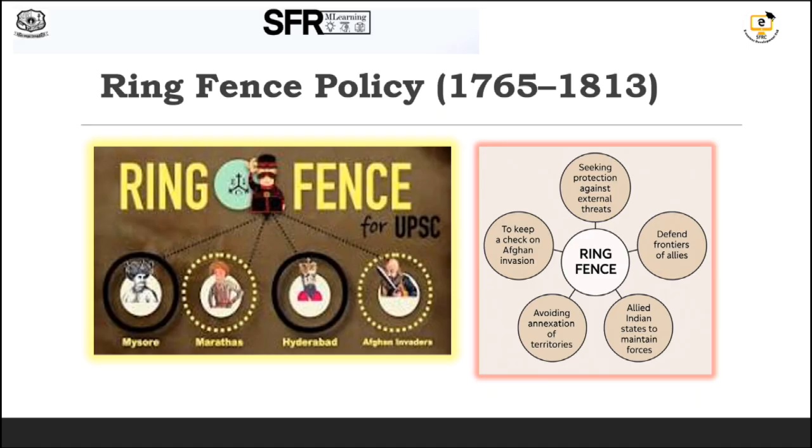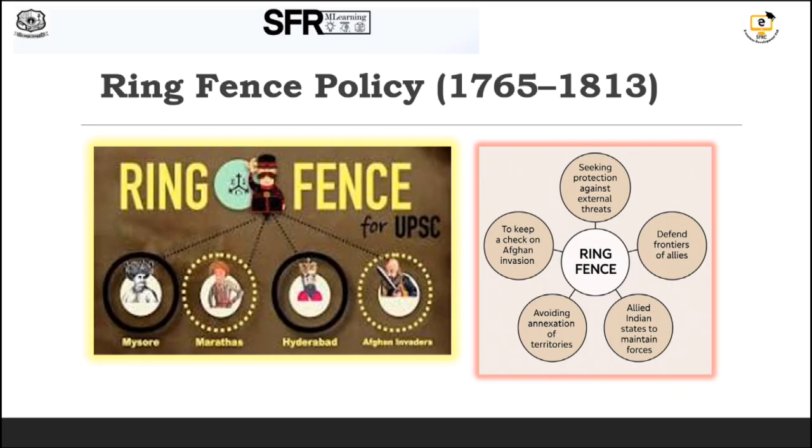What is the nature of the policy here? The policy was defensive in appearance but expansionist in practice. Indian rulers were required to maintain British troops for their protection and bear the cost of military operations.